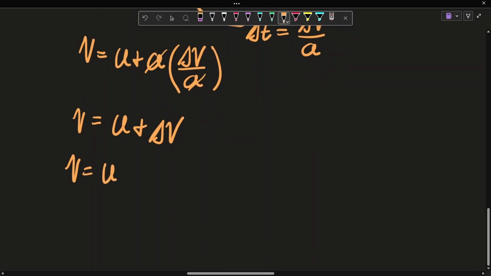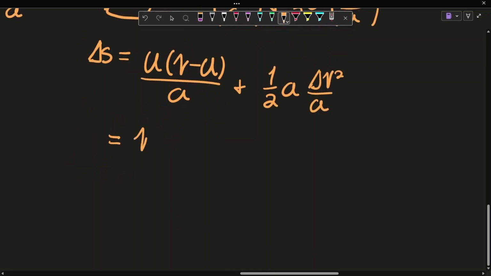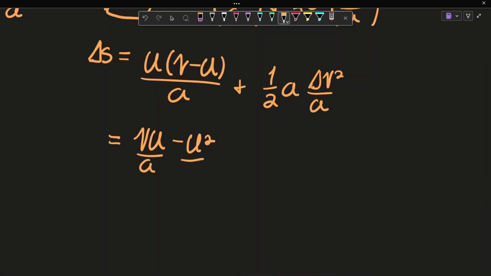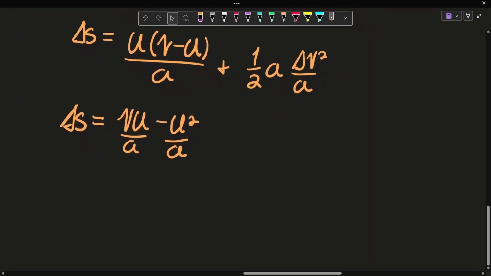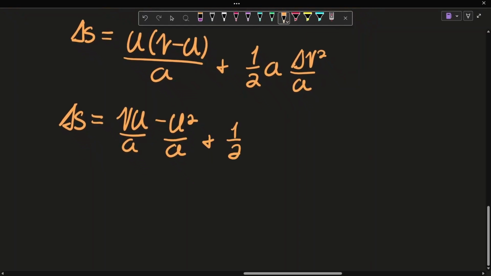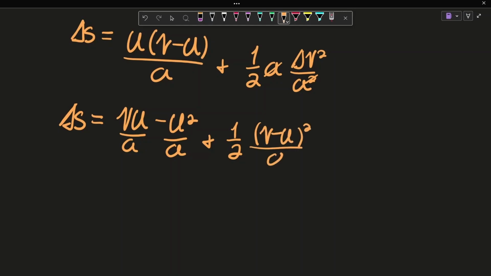So we get here v is equal to u. So the change in s is equal to u times (v minus u) over a, plus 1/2 a times (v minus u) squared over a squared. One of the a's cancel out. We get (v minus u) squared over a.